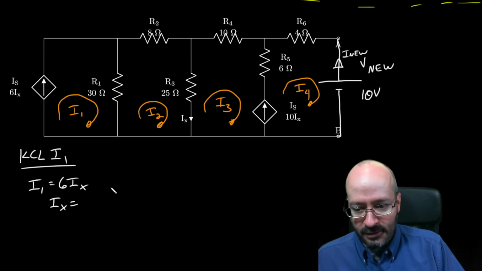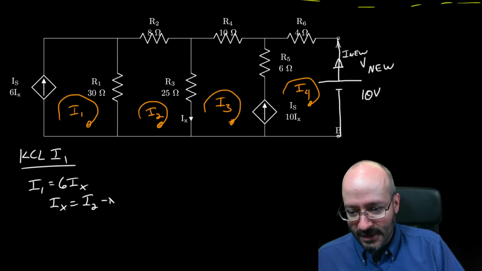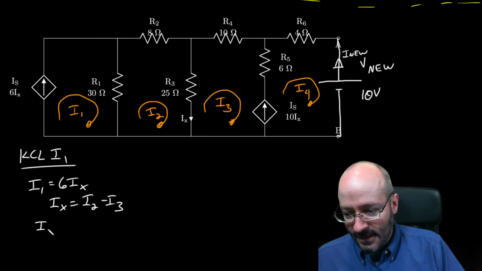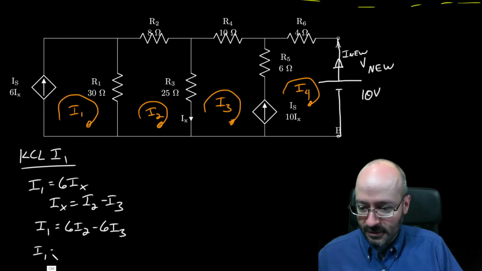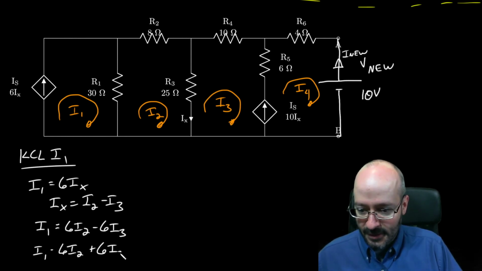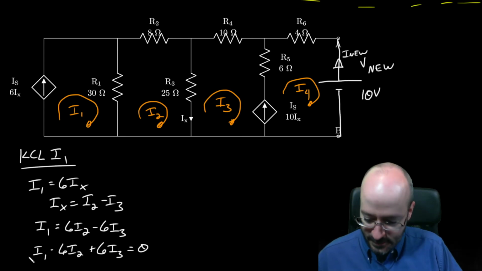IX equals I2 minus I3. I1 equals 6I2 minus 6I3. Bring all that over. I1 minus 6I2 plus 6I3 equals 0.